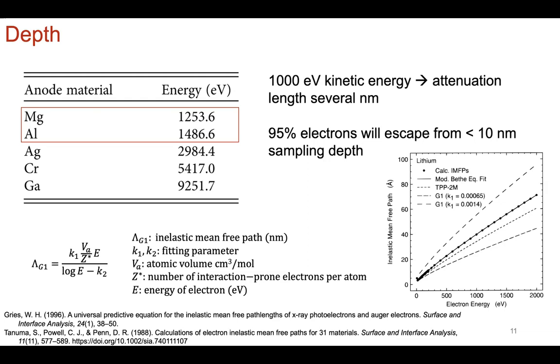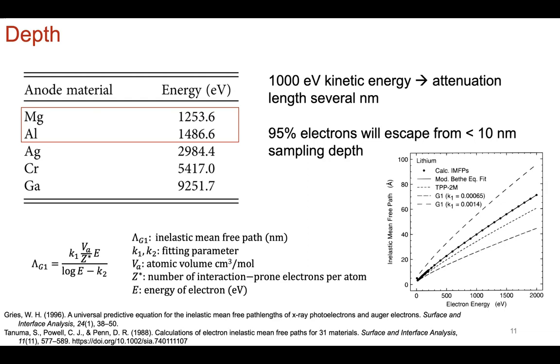They're like 0.00 XY. And you can look up these K2, K3, depending on the material you have, the atomic volume, and also what's called the number of interaction prone electrons per atom. So you can look these things up and fit it for your specific material.